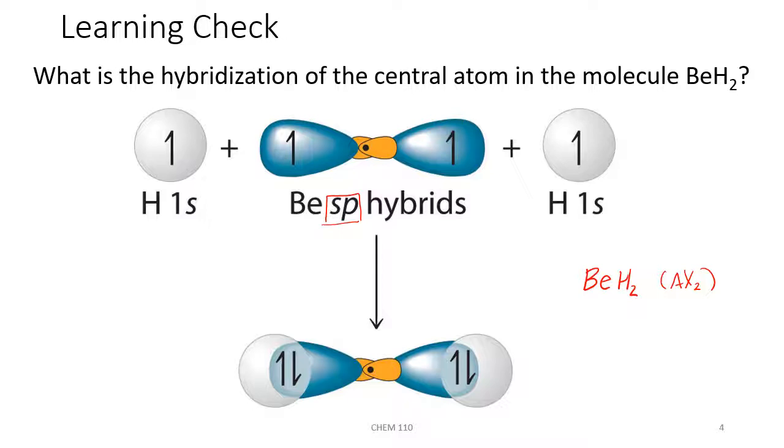We see that we have one electron in each of our 1s orbitals on hydrogen, and we have one electron in each of the sp hybrid orbitals on beryllium. And when they come together and overlap in this region, we formed two new covalent bonds. The covalent bonds were both sigma bonds because we had direct orbital overlap.